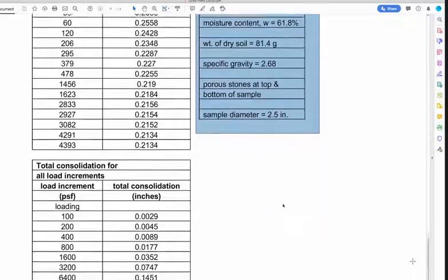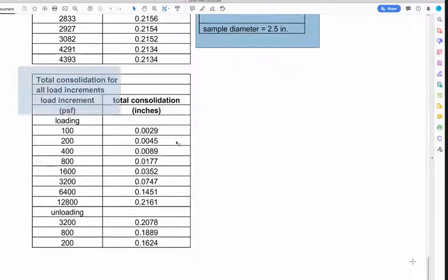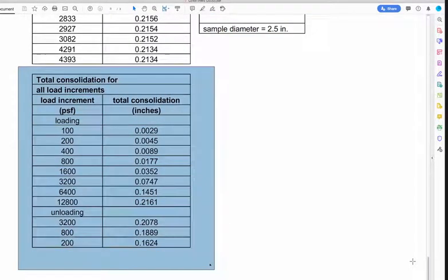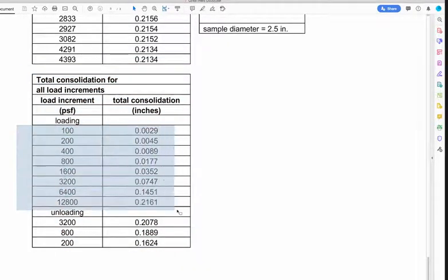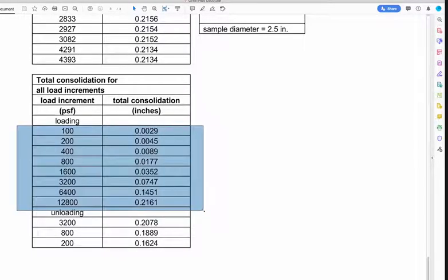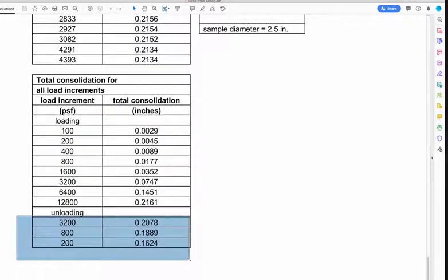And down here in the lower left, we have the total consolidation settlement for all load increments. And we start with 100 PSF, and we ramp on up to 12,800 PSF, and we measure consolidation all along the way. And then we go through an unloading cycle in which we back off that load and watch the rebound that does occur. And there is some rebound, but it's not elastic by any means, and you'll see that when you sketch this thing out.